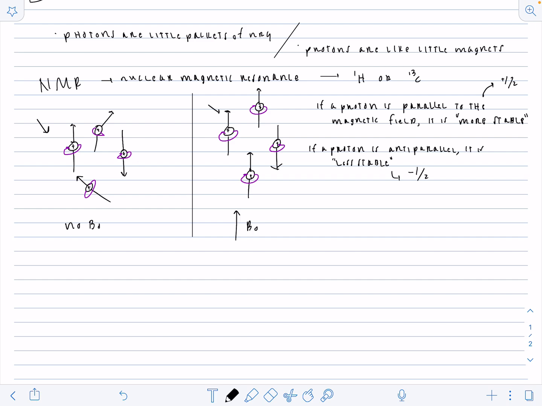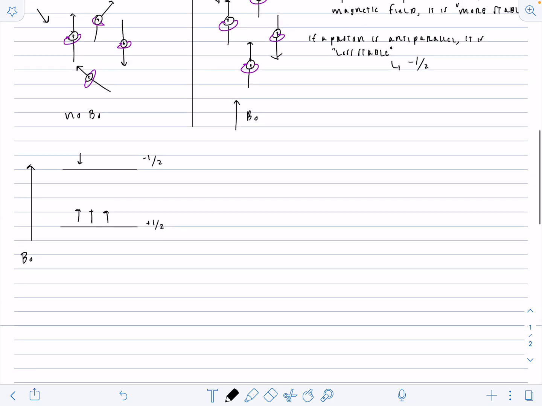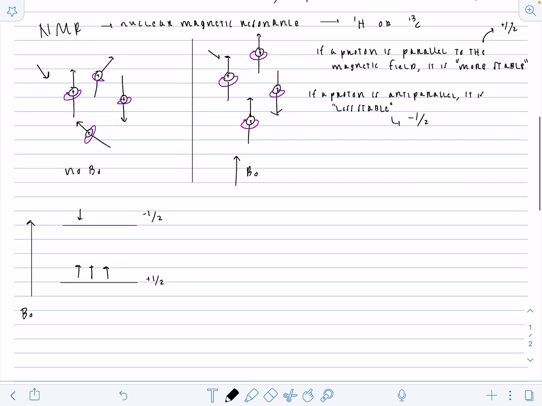And this idea is really important because after we stick these lovely protons, I was not going to say lovely protons, into a spectrometer, as the magnetic field increases in strength, we have our 3 protons that are on the lower energy level, and we have 1 proton that is on the less stable energy level. Just going to put everything in the same screen so you know what I'm talking about.